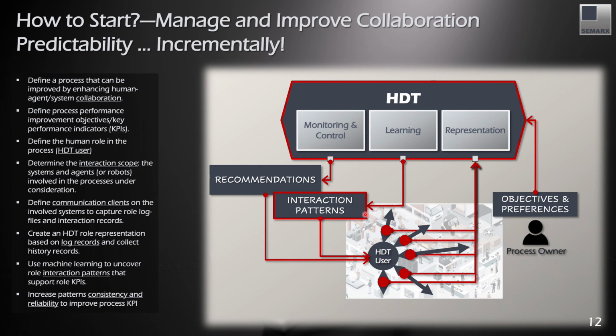Having patterns by itself is key, because then the process owner can decide, is this the pattern of interaction I need or not? Change the pattern, change the probabilities, and once the patterns are stable, they can be provided to the monitoring, which can monitor the execution of the pattern or make recommendations about what to do when, a kind of policy.